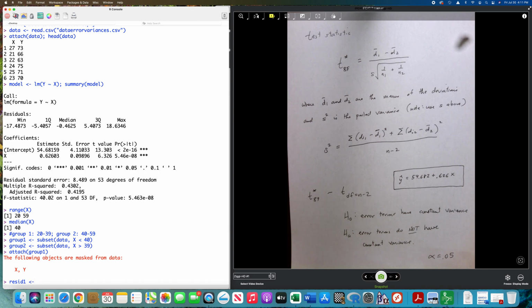And of course, our residuals are our observed values, which will be my y, minus the predicted, and the predicted are going to be 54.682 plus 0.626 times x.